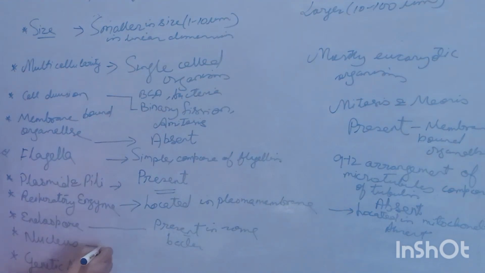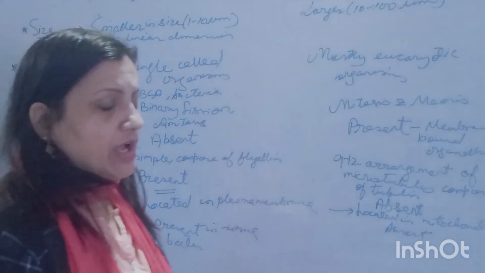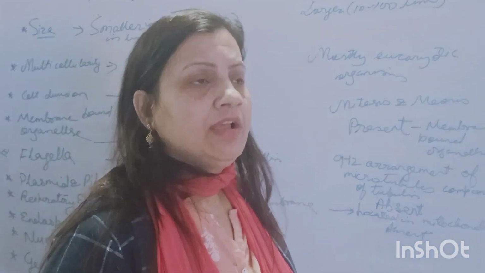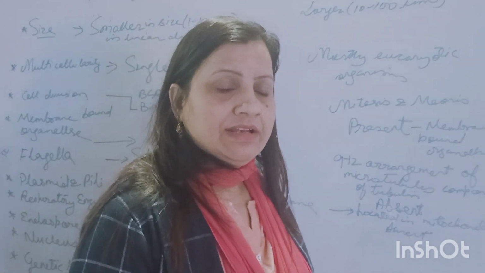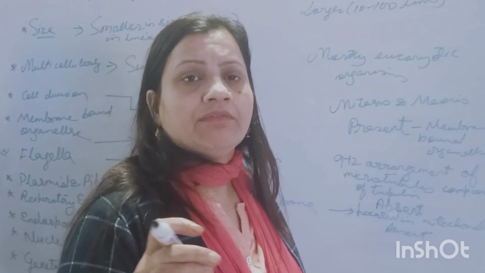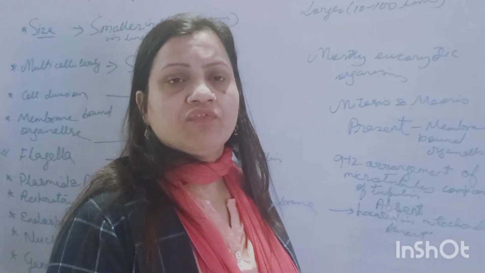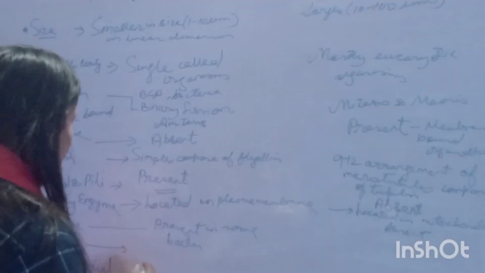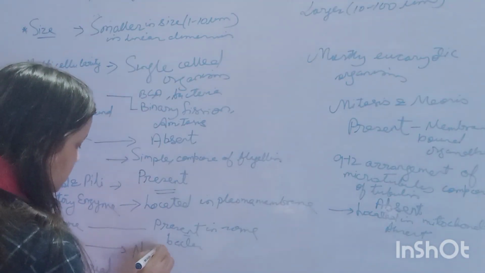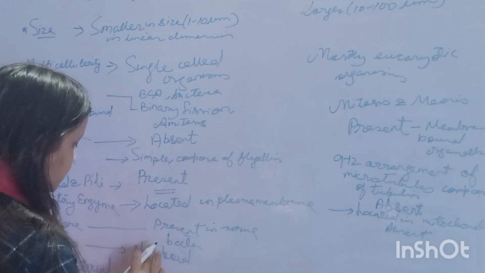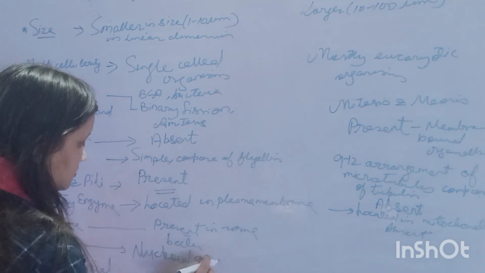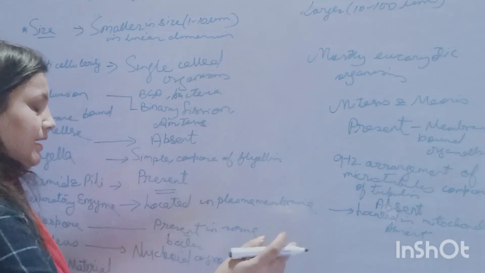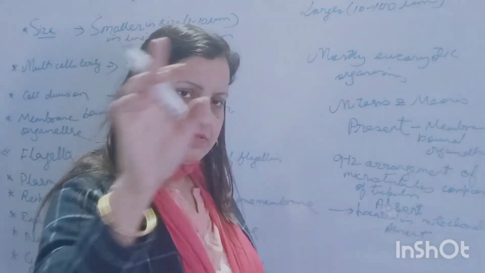Then the nucleus, which is very important, because prokaryotic and eukaryotic cells are divided mainly on the basis of nuclear organization. The nucleus is not well defined in prokaryotic cell. It is found in the form of nucleoid or genophore, that is, the nucleus is not surrounded by a nuclear membrane.